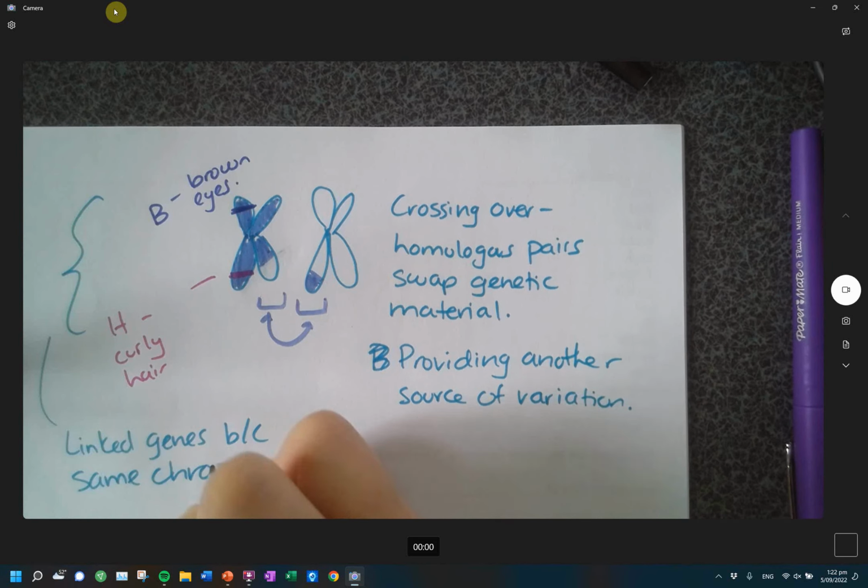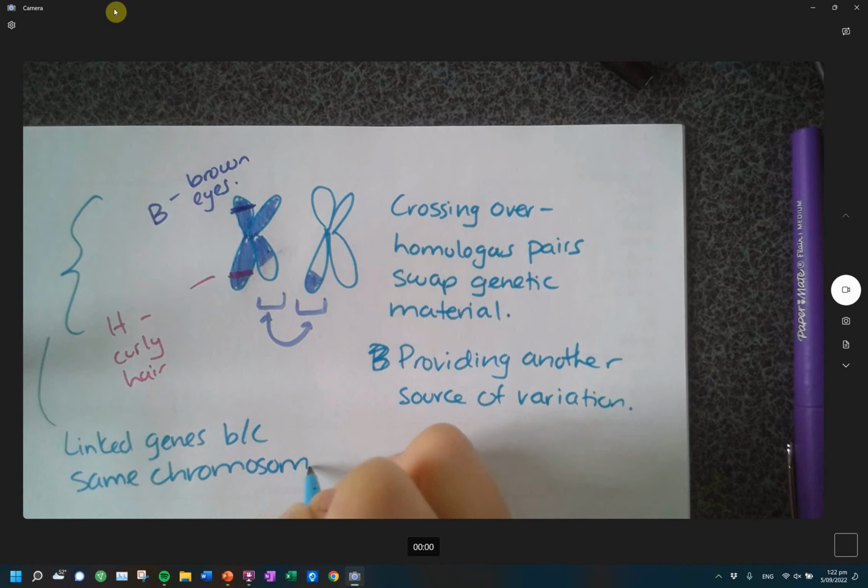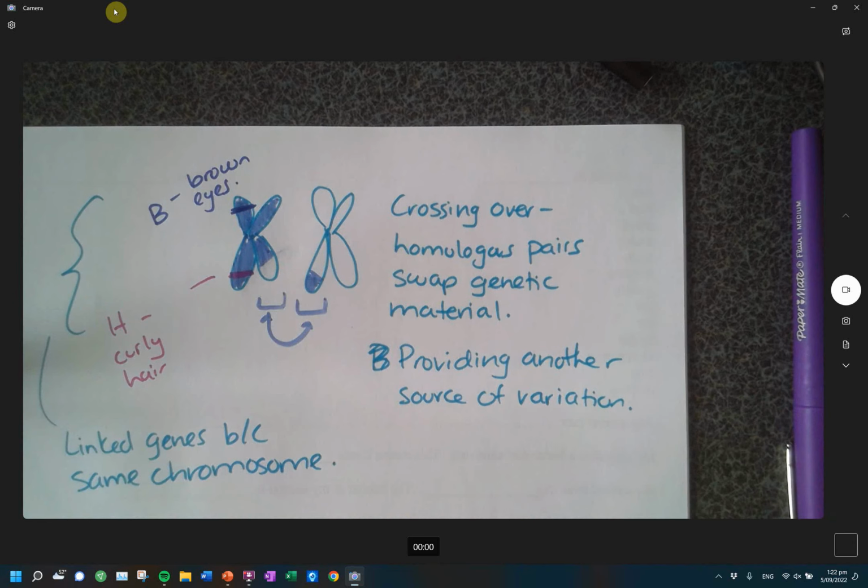Do you think if they're linked, they'll be inherited together? Yeah, so if they're linked, they're inherited together. So often if you have brown eyes, you might have curly hair.